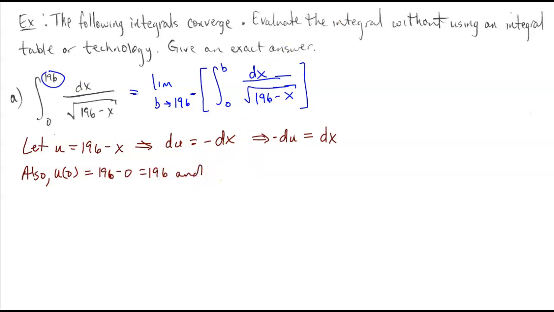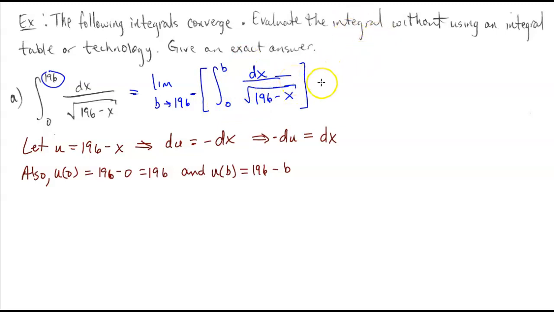And of course, u of b is just going to be 196 minus b.